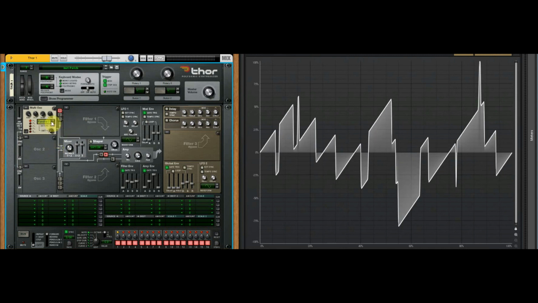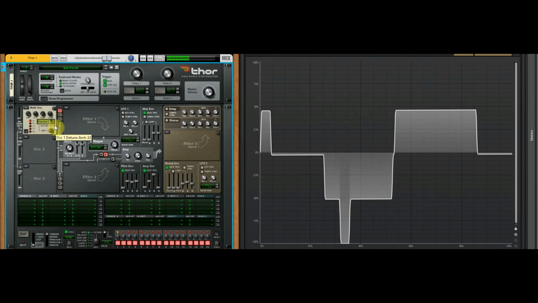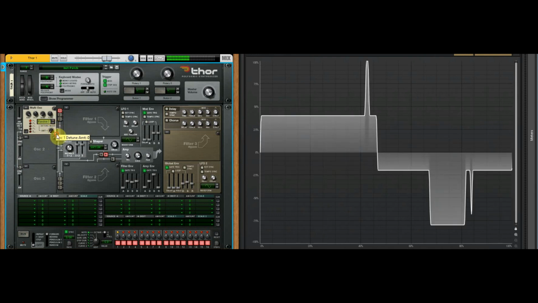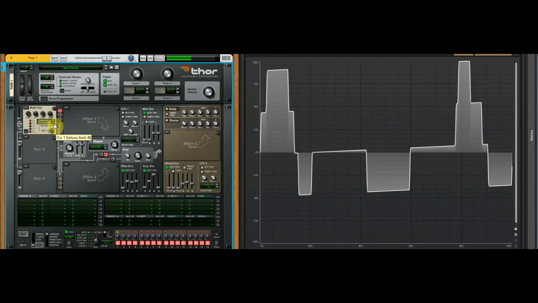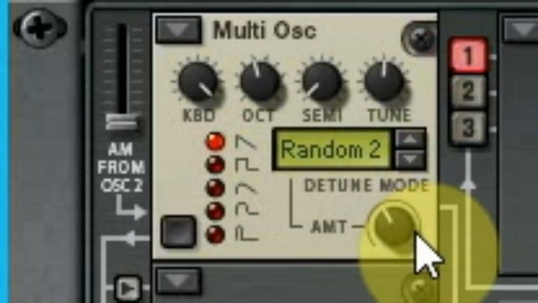So there's your randomly detuning it. Different algorithm.